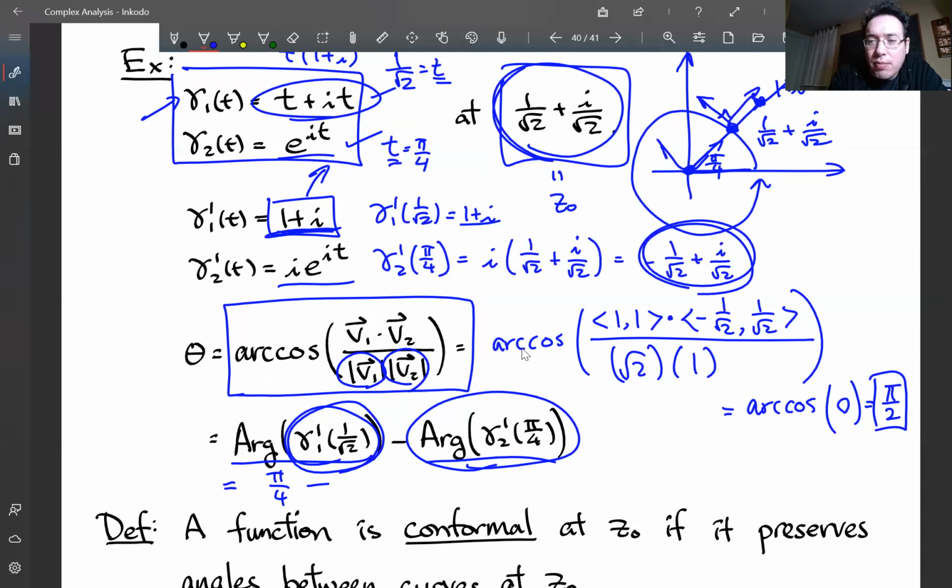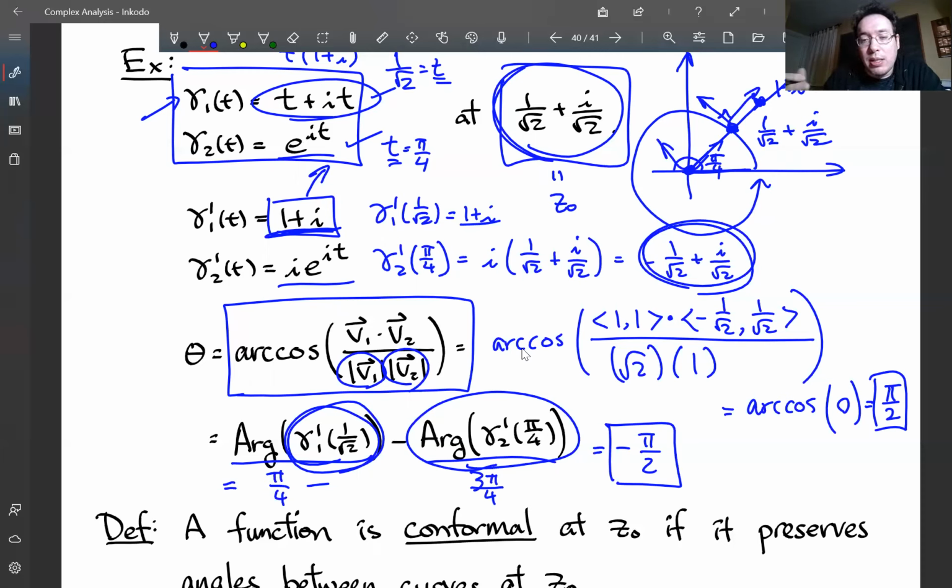That's a vector that goes negative 1 over root 2 to the left and positive 1 over root 2 upward. This is going to be the angle of 3 pi over 4. So the difference of the angles is going to be negative pi over 2. So it makes a 90-degree angle.